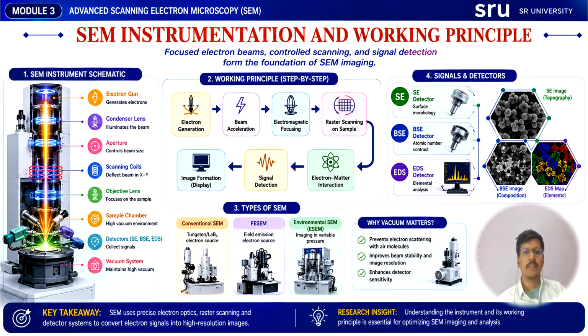Then the sample is placed inside the sample chamber, which is maintained under high vacuum conditions. The vacuum is essential because electrons can be scattered by air molecules, leading to image degradation.